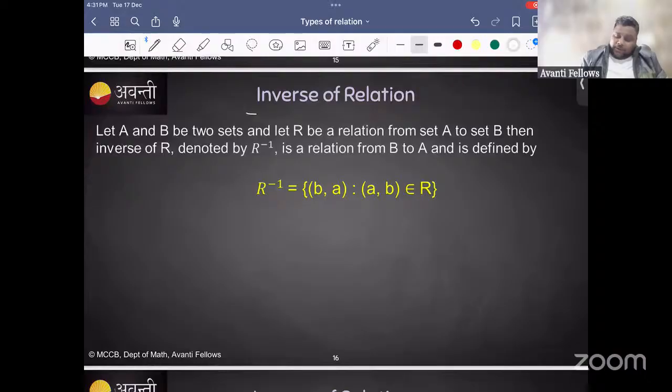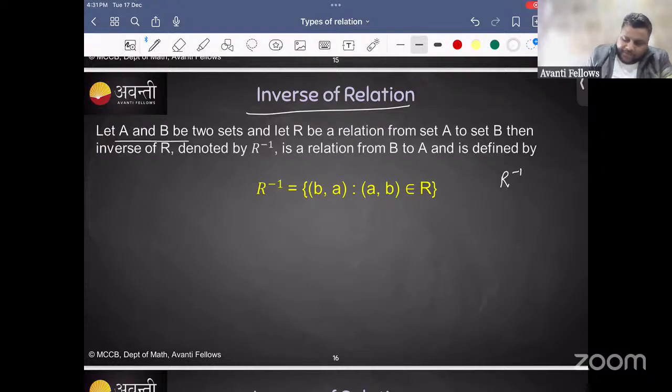Now, another important term, inverse of a relation. It is represented by R inverse, and we change the ordered pair. First of all, if a relation is defined from A to B, then its inverse will be defined from B to A. Got it? And if there is an entry (x, y) in the relation, its inverse will have an entry (y, x).